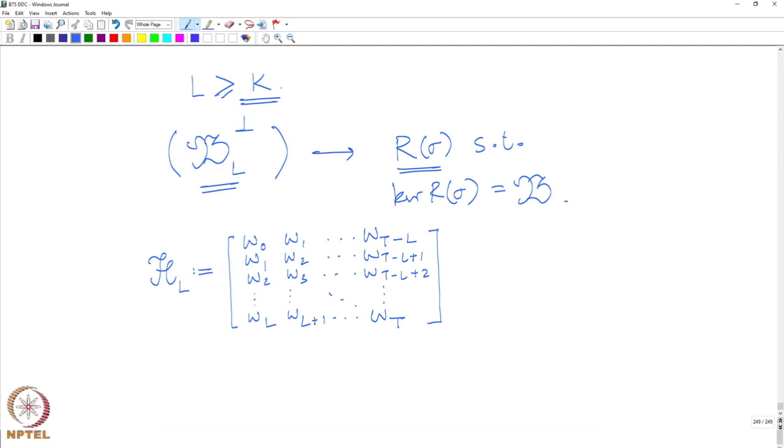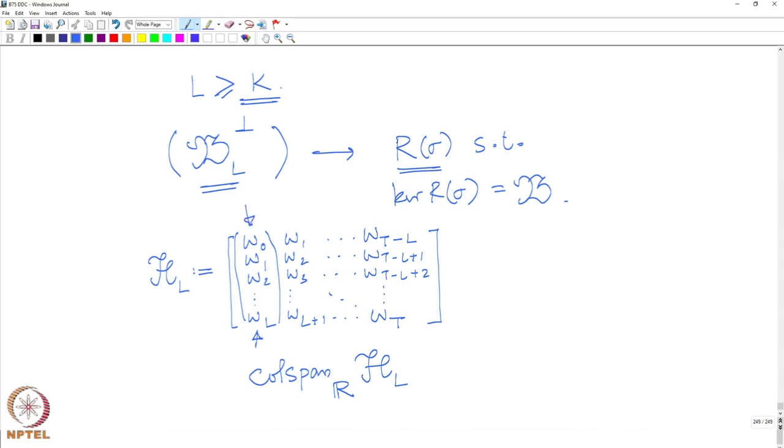Okay. Notice the following. What is the column span, of course over R, of this Hankel matrix H L? Each column of this matrix is the restriction of a trajectory up to L, isn't it?